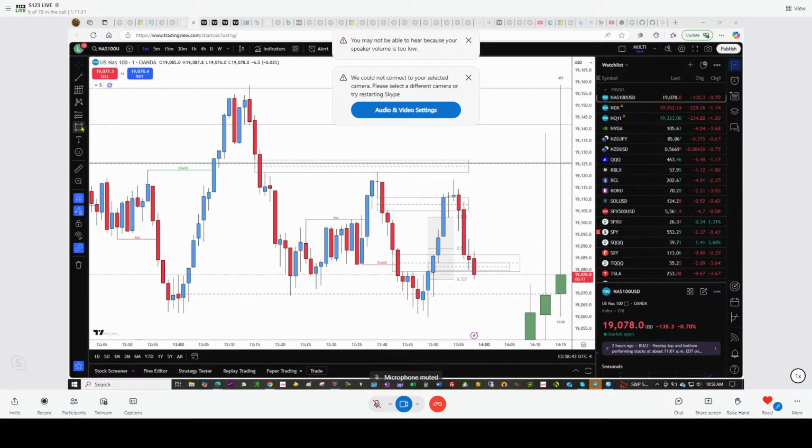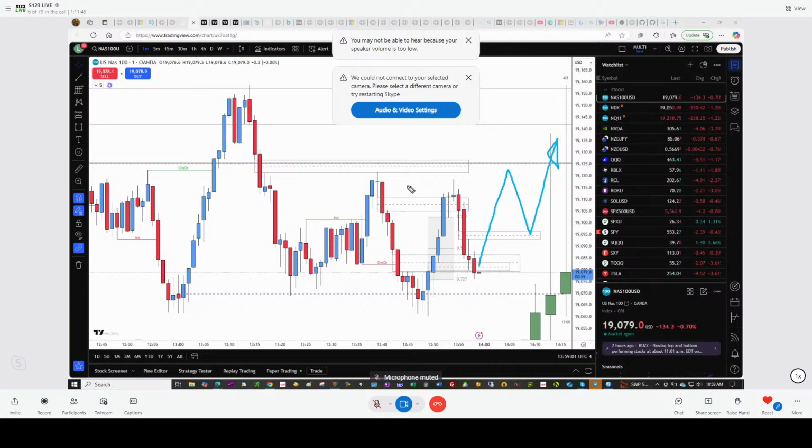So I do have a gap here. Mark that one. It's an inverted gap now. So I'm looking for them to kind of do something like this, drop back, and continue. So there's nothing else for them to come down to here.